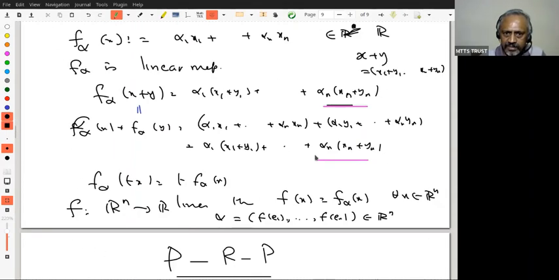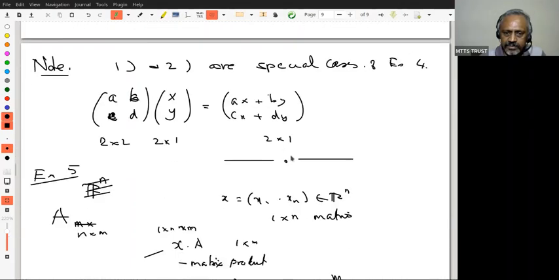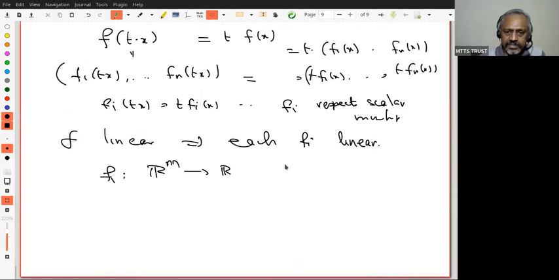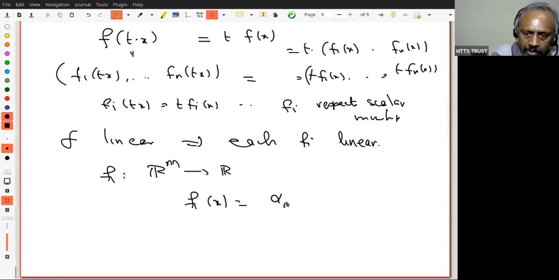You follow that? Okay, therefore, now I know how it should look. Notice that each fi is a first degree polynomial. Fi of x will be equal to alpha i1 x1 plus dot dot plus alpha im xm.